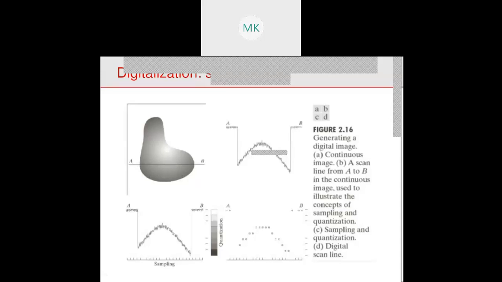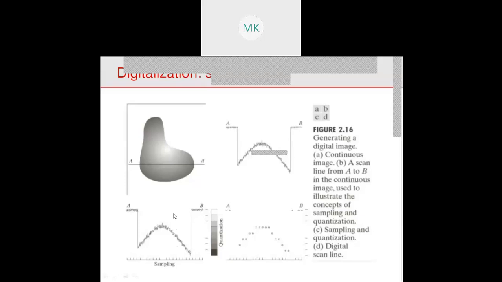To sample this function, we take equally spaced samples along the line AB. These are the equally spaced samples. We are going to consider these in detail in the next chapter, next unit.